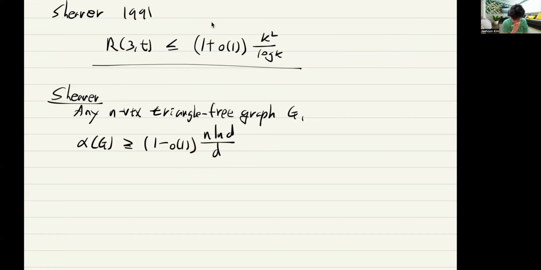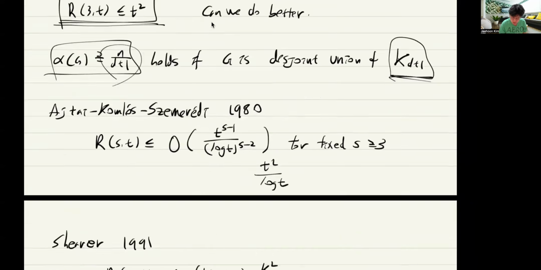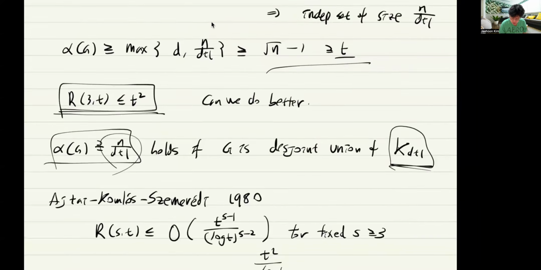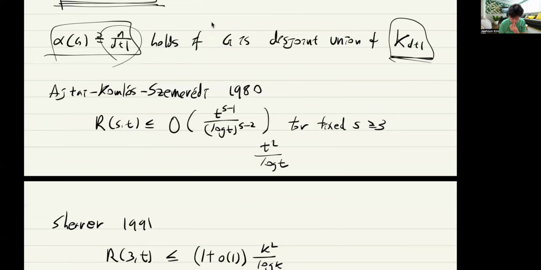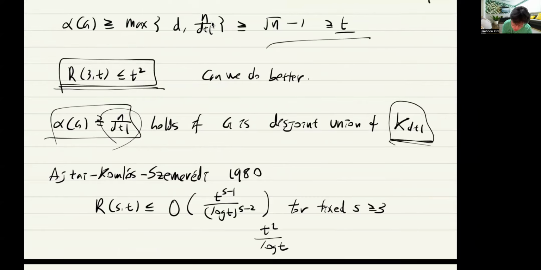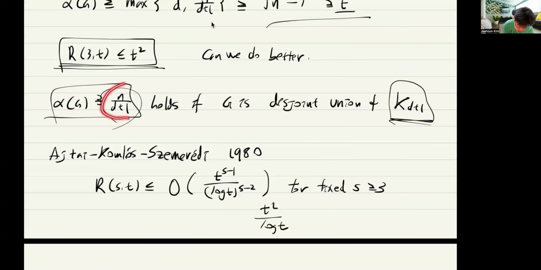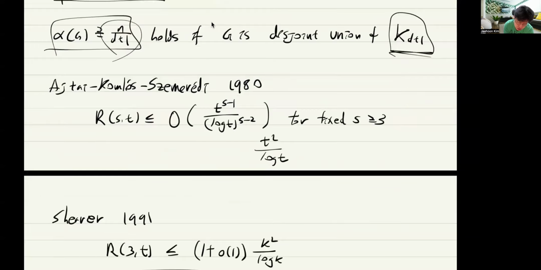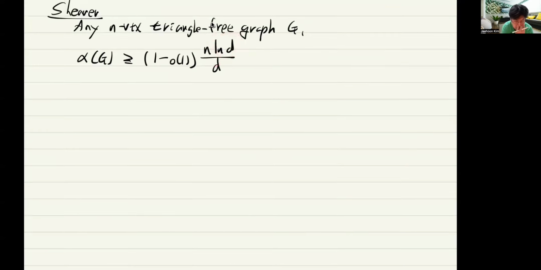So this is a much better result with a better constant. And indeed, it improves this bound by log d. So roughly log d is multiplied. So you would get a log d larger independent set than usual by using triangle-freeness.